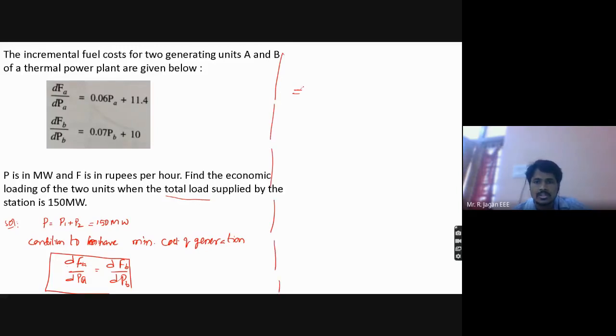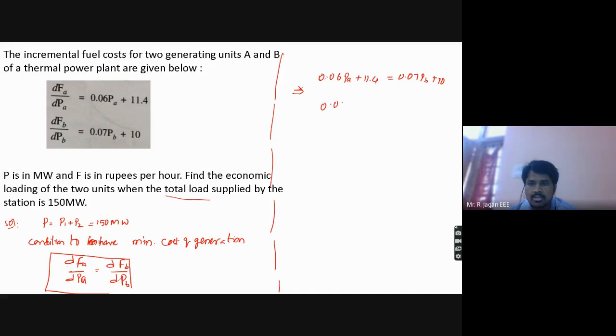So here, 0.06 PA plus 11.4 is equal to 0.07 PB plus 10. Now please solve it. Give me the value.